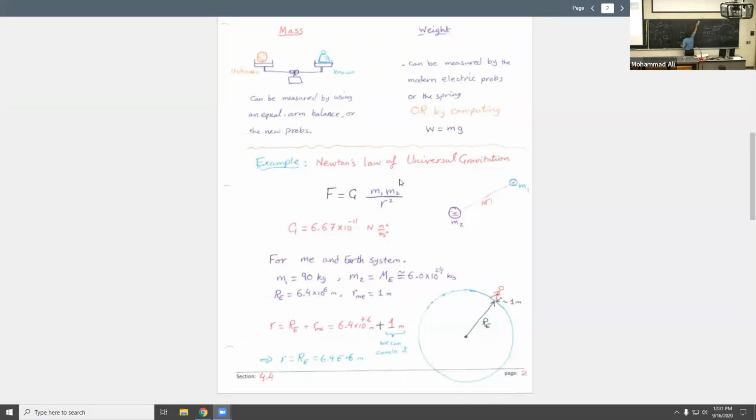We have 3 planets, 3 big masses. We have the sun, we have Earth, we have also the moon.